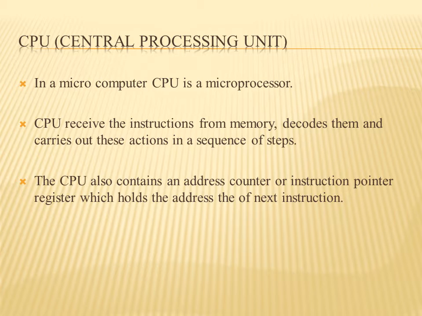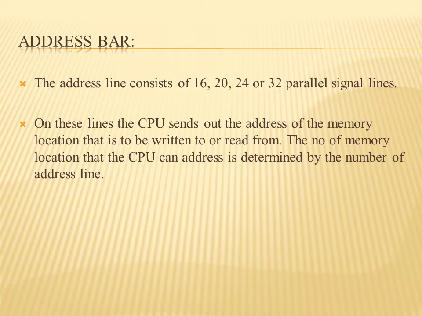In a microcomputer, the CPU is a microprocessor. The CPU receives the instructions from memory, decodes them, and carries out these actions in a sequence of steps. The CPU also contains an address counter or instruction pointer register which holds the address of the next instruction.